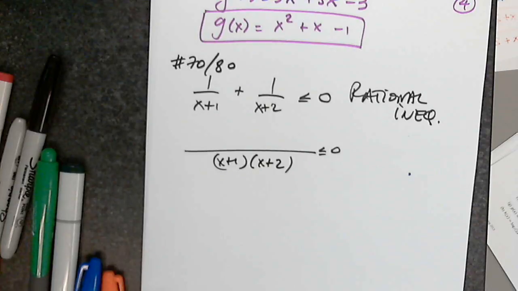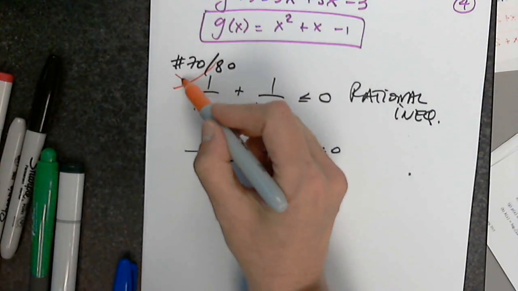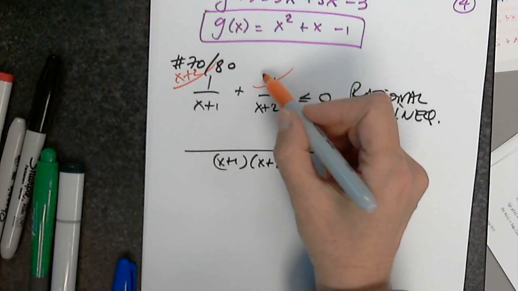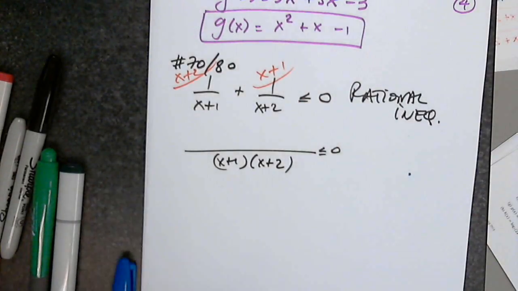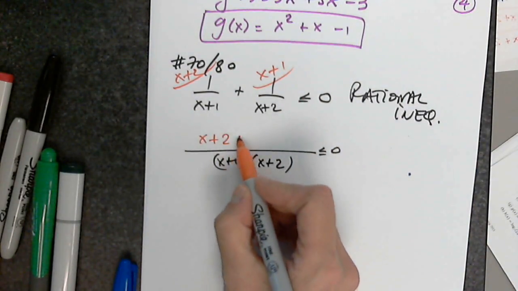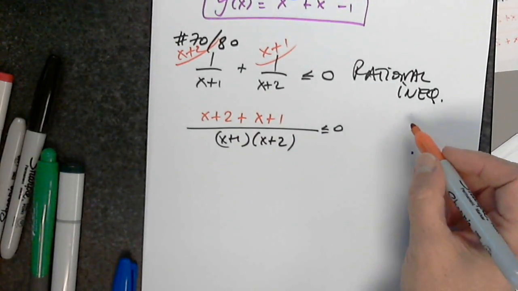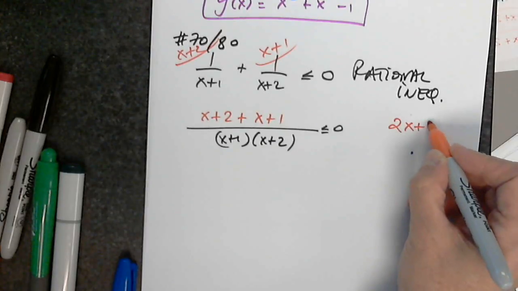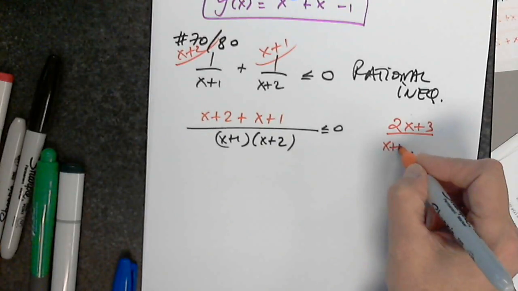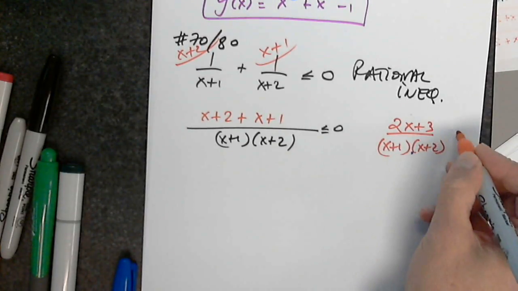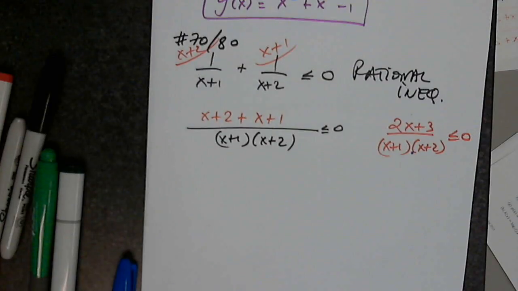Adjustments for the top: x plus 2, x plus 1. So the numerator becomes? Good. So then the numerator becomes? The denominator does not go away. Be very careful.